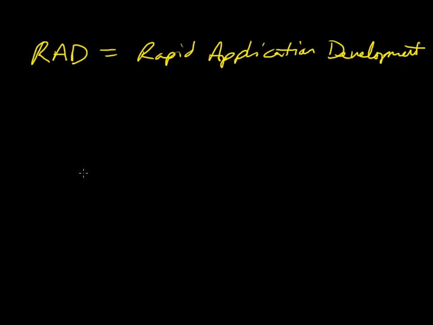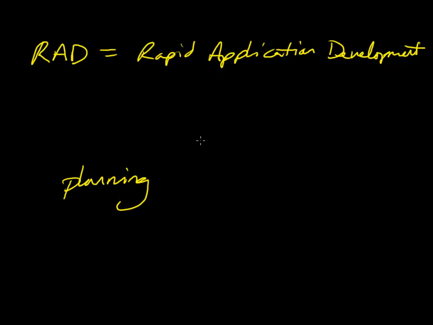And so what you've got is, at the beginning, you've got the requirements or the planning. And this won't be quite as specific as the waterfall method. It won't necessarily be a list of exact requirements. It'll be a general idea of what you're going to produce.